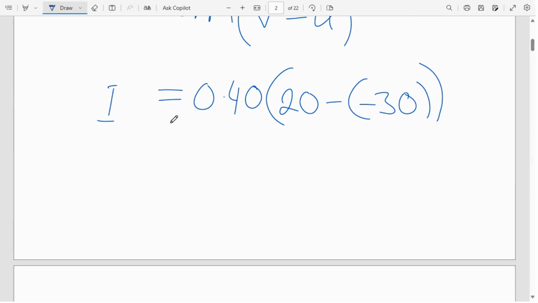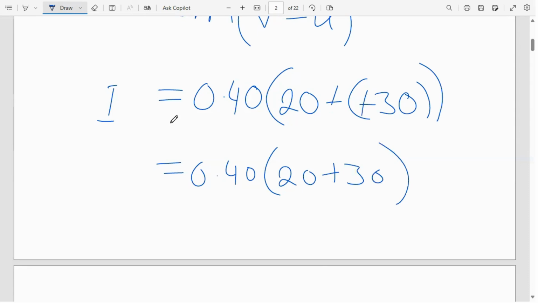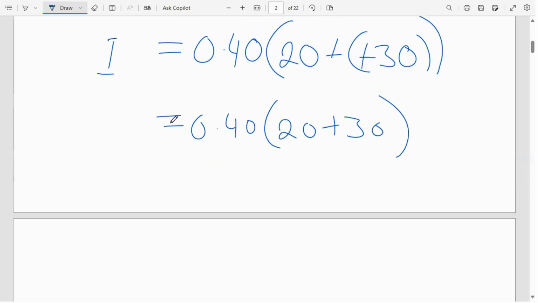So this is going to give us 0.40 multiplied by 20 plus 30. Here we have the negative and the negative, and these multiply to give us a positive value. So we have 0.4 outside with 20 plus 30 inside our brackets.